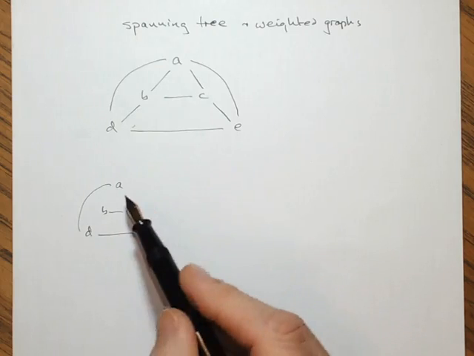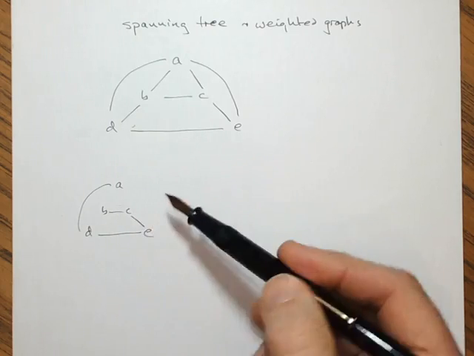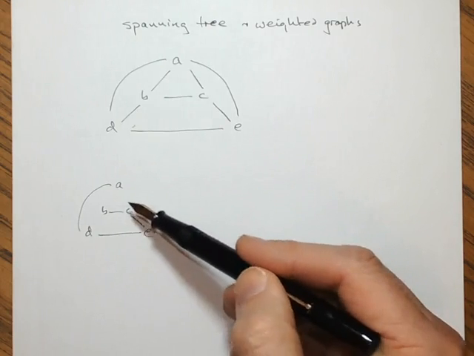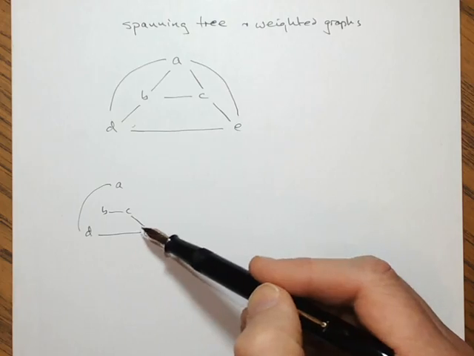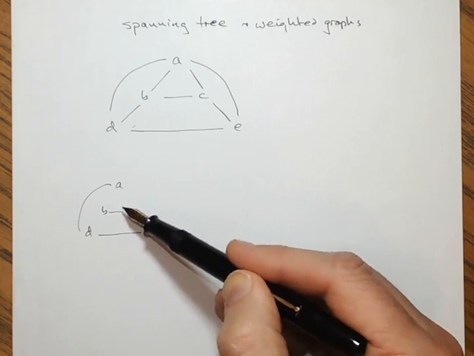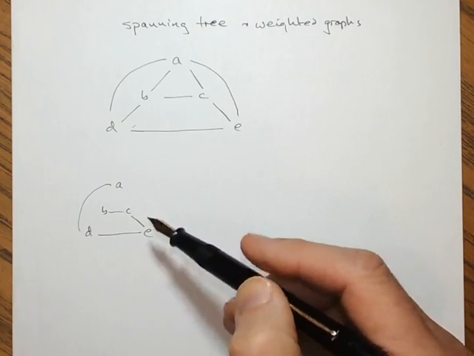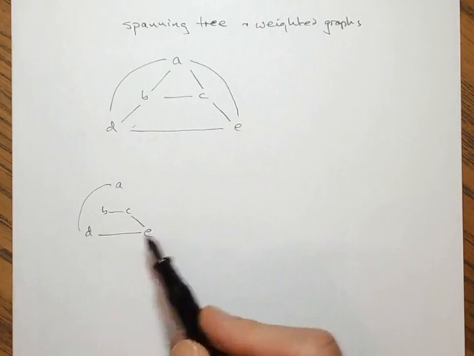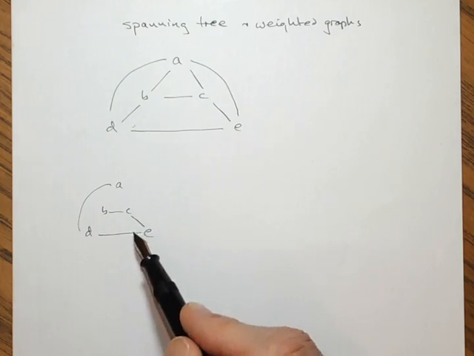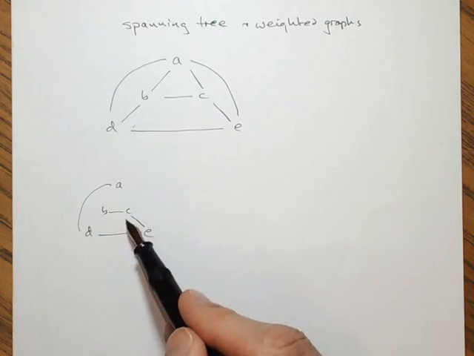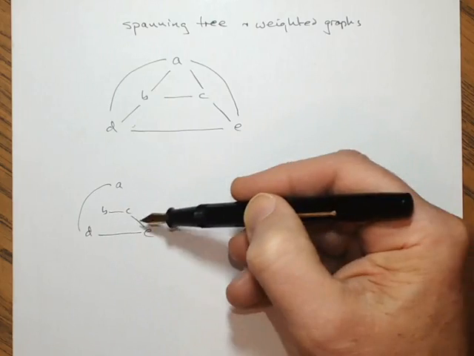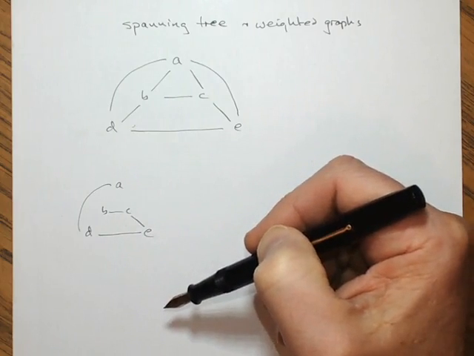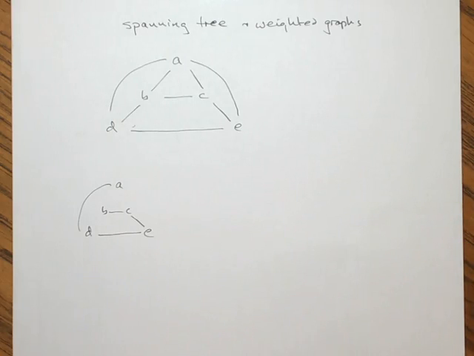And you can see that every vertex is still connected to every other vertex, in the sense you can still find a path there, but there's absolutely no redundancy involved. So if C to E disappears, then the network is broken and you simply won't be able to communicate from A to either B or C. So if this one goes, A and B and C are isolated from each other.